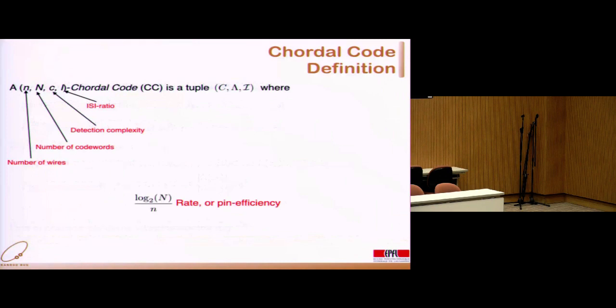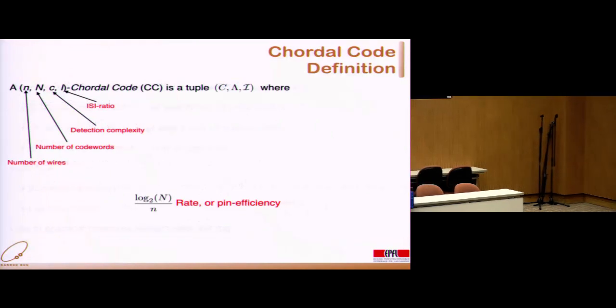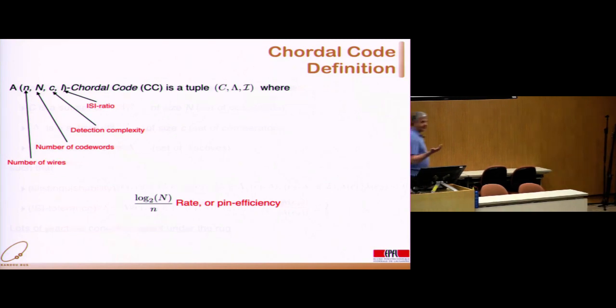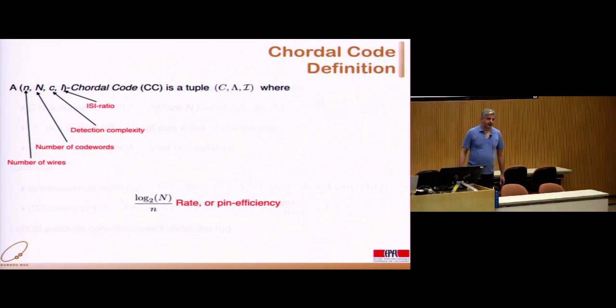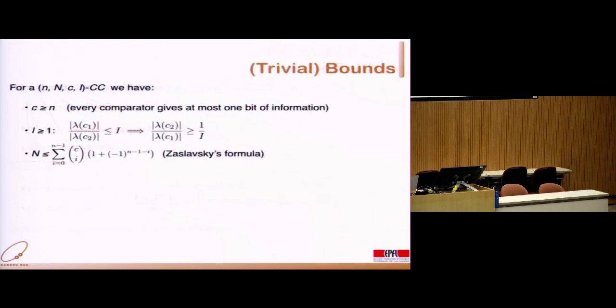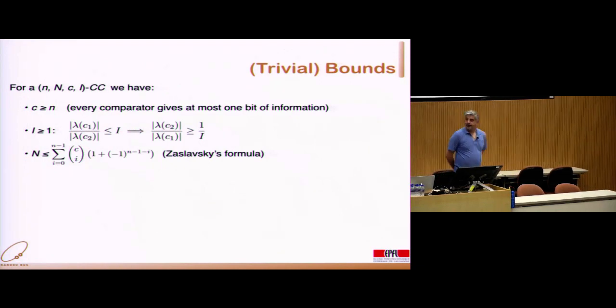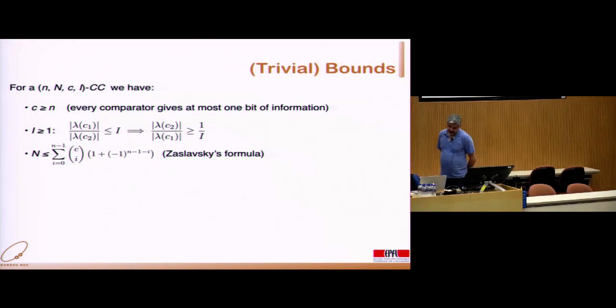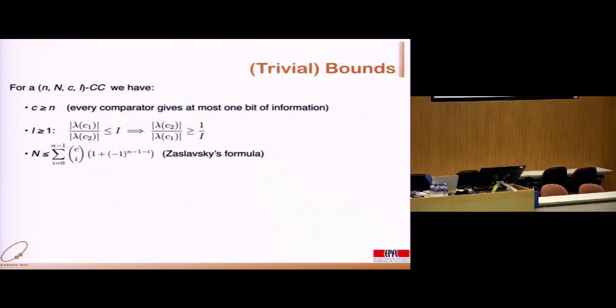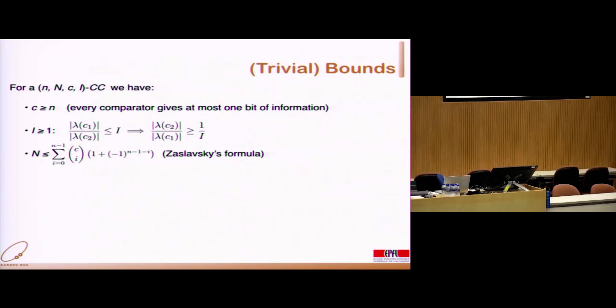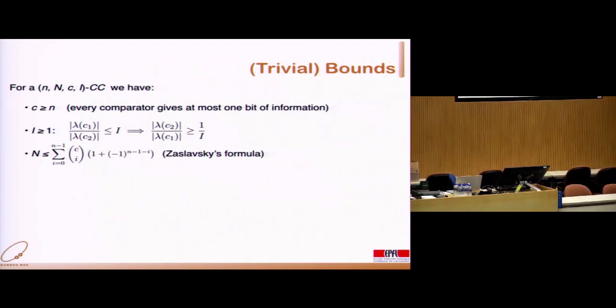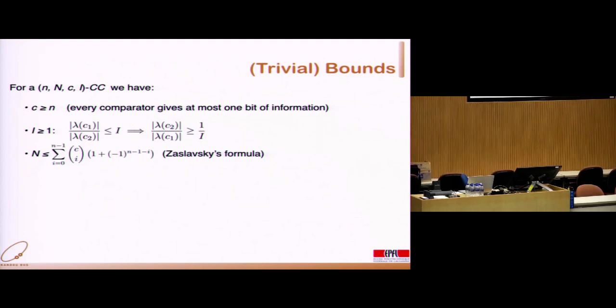All right. The rate of this code is the log base 2 of the number of code words divided by the number of wires, or what you call pin efficiency. Okay, so some trivial bounds. The number of comparators, actually, this is a wrong bound.